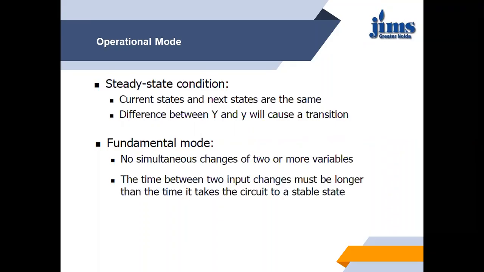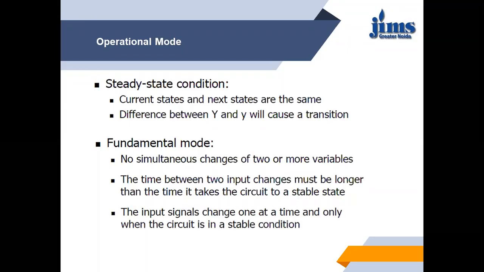Again, the time between two input changes must be longer than the time it takes the circuit to reach a stable state, and the stable state is when small y and capital Y are the same. So it is necessary that we know the time delay to propagate an input change to the output, and we should change the input only after that much circuit delay, because otherwise there will be an internal state and the circuit will be unstable.